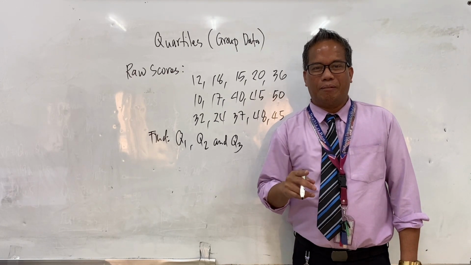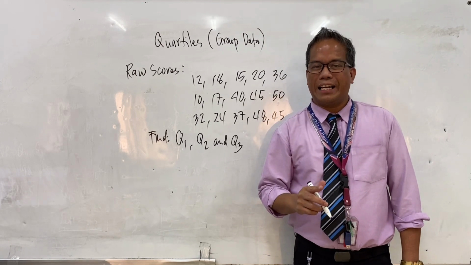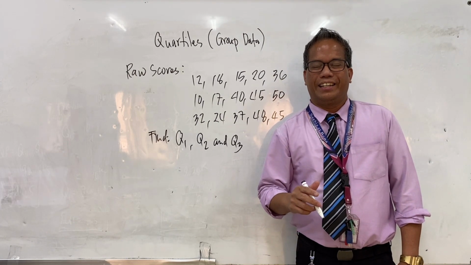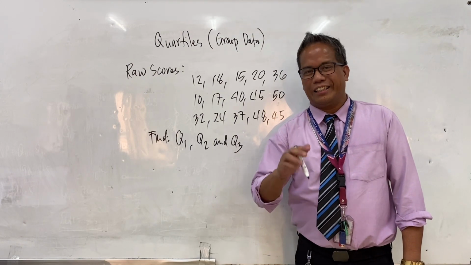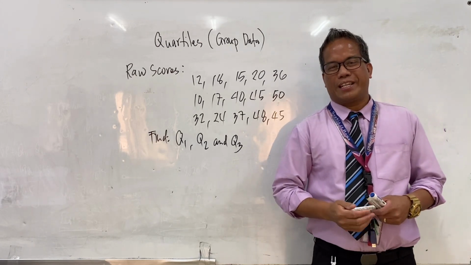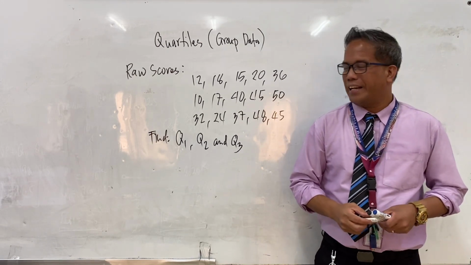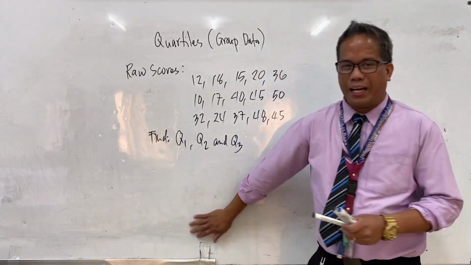The first column will be the class interval. Next is the frequency, and then the last column will be the cumulative frequency greater than.